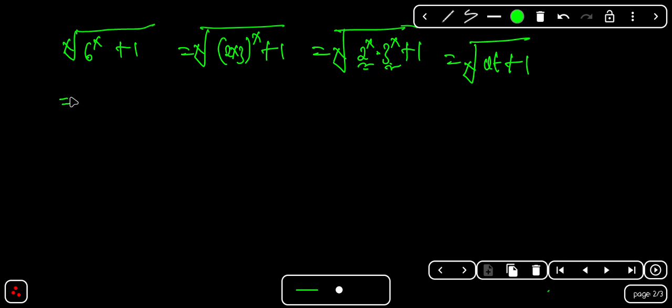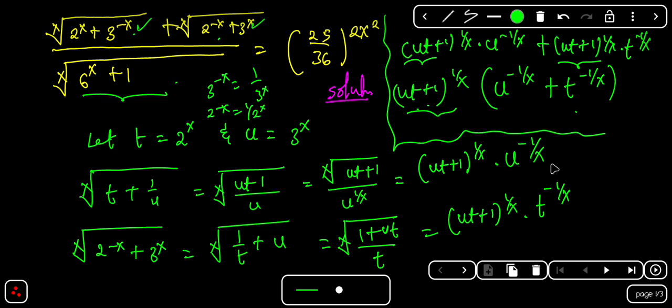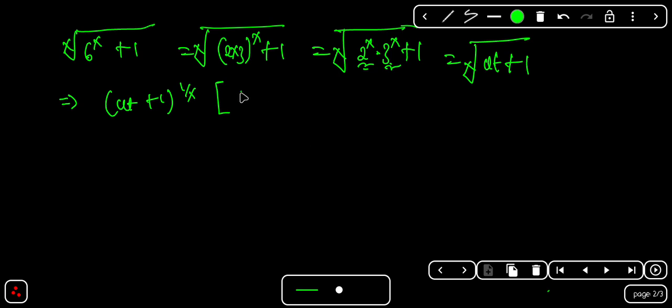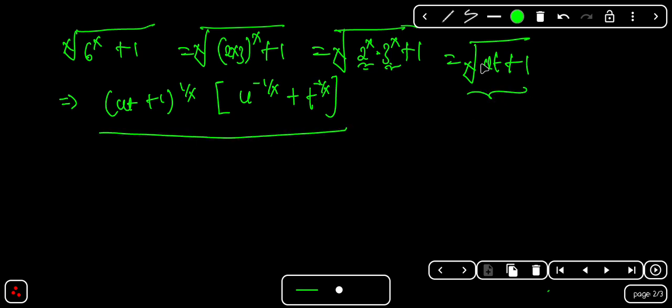Simplifying the left hand side, we have (ut plus 1) raised to the power of 1 over x, times (u raised to the power of minus 1 over x plus t raised to the power of minus 1 over x), everything over the x root of ut plus 1, which we can also write as (ut plus 1) raised to the power of 1 over x.